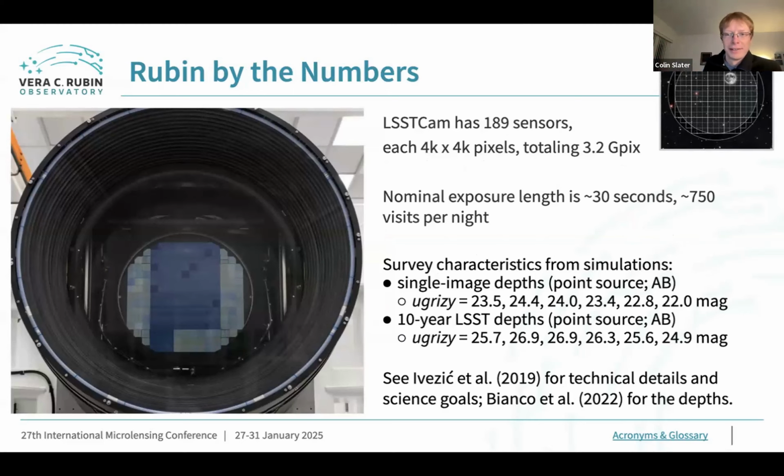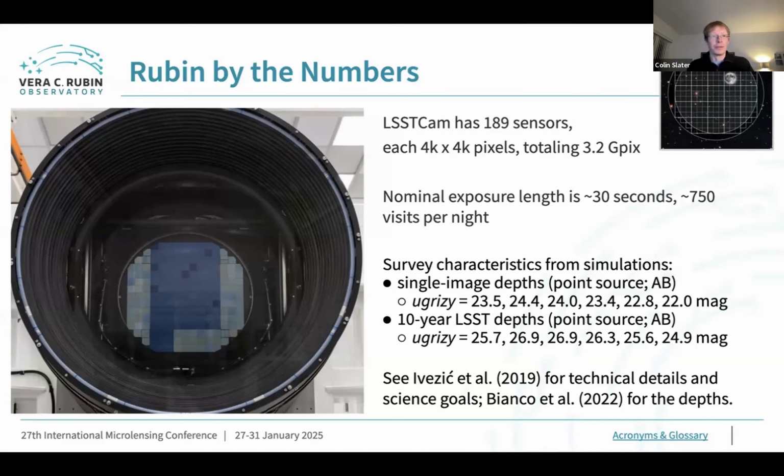There are 189 sensors, each of them 4K by 4K pixels, so it adds up to about 3.2 gigapixels. Up in the top right, you can see what the projected focal plane looks like on the sky relative to the full moon. It makes the moon look small there.